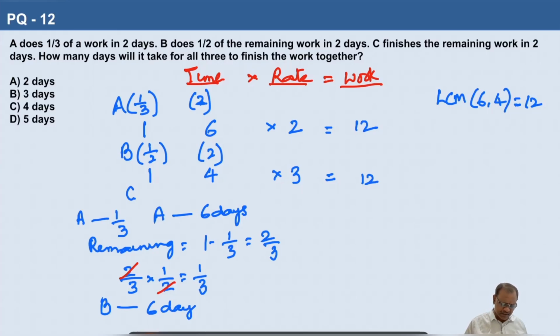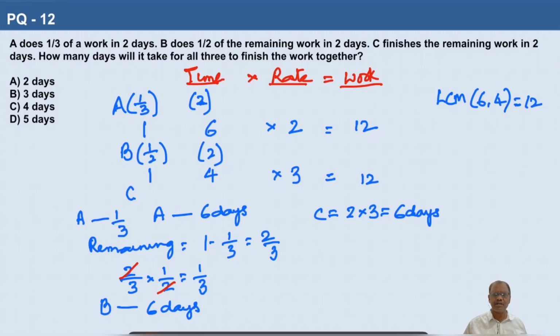So 1/3 of the work is done by C in 2 days, so he will take 6 days to complete the work. So A also 6 days, B also 6 days, and C also 6 days.